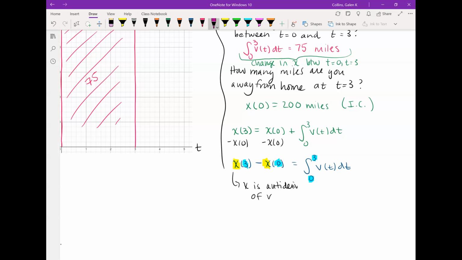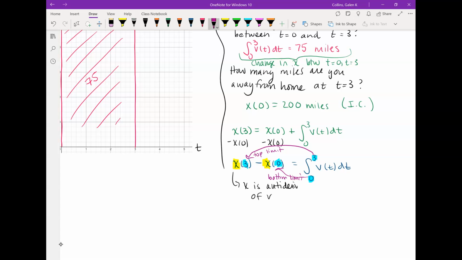We subtract the top limit from the bottom. So the antiderivative evaluated at the top limit of integration minus the antiderivative evaluated at the bottom limit. And what we have there is the first fundamental theorem of calculus.